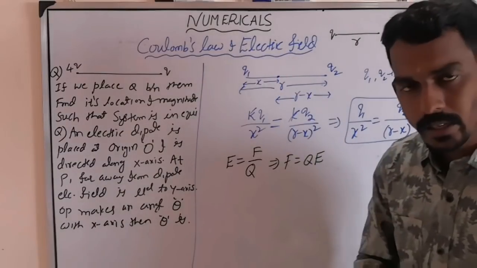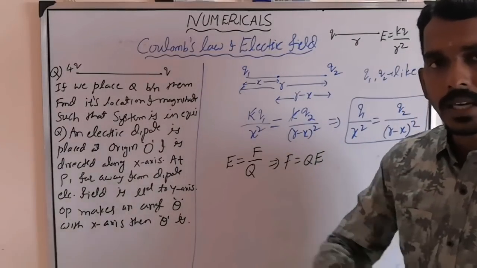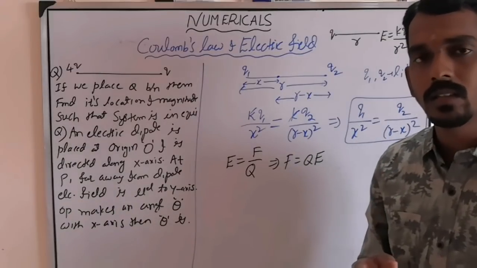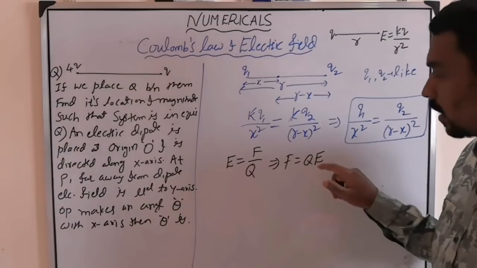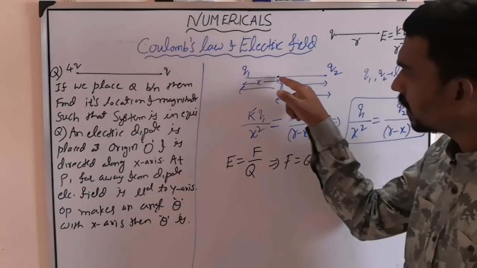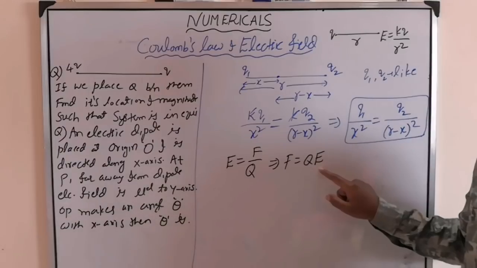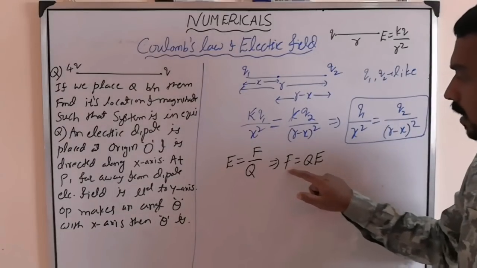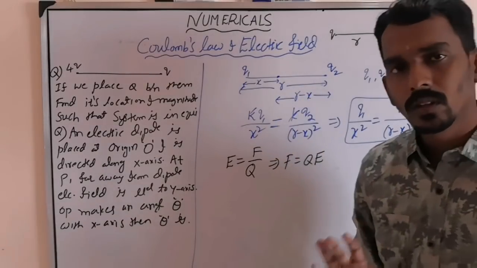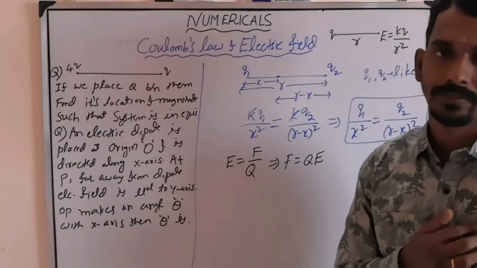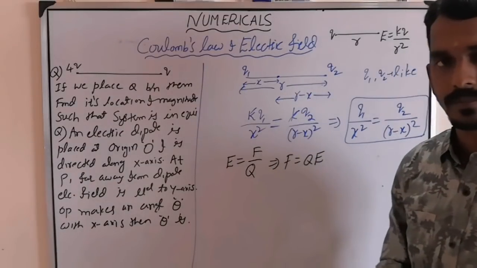At any point, the force experienced by a charge means charge times the electric field at that point. But here at this point, what is the electric field? It is a null point, meaning 0 electric field. So what will the force become? 0.